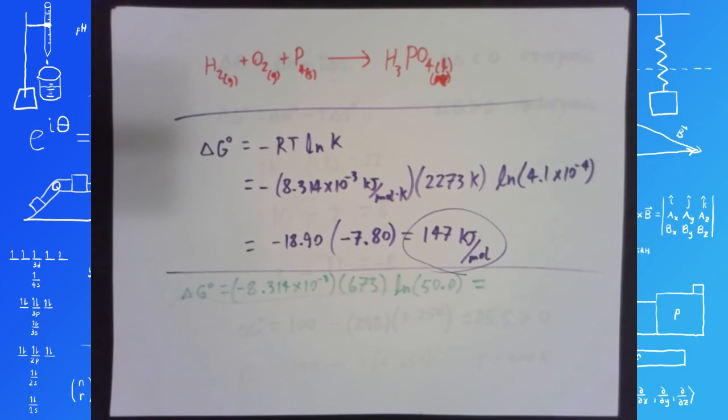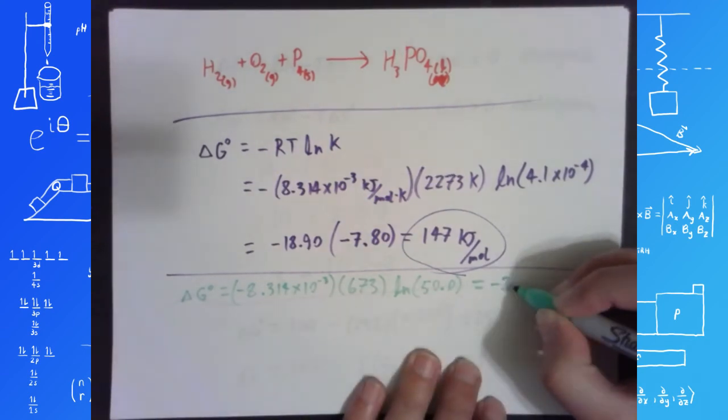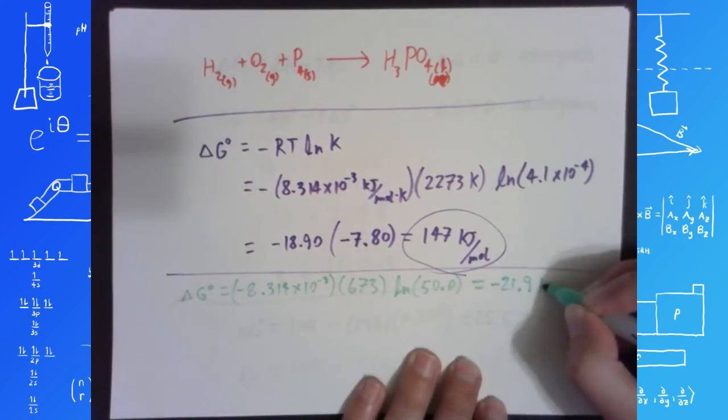So negative 5.60 times 3.912 rounded to 3 sig figs is negative 21.9 kilojoules per mole.